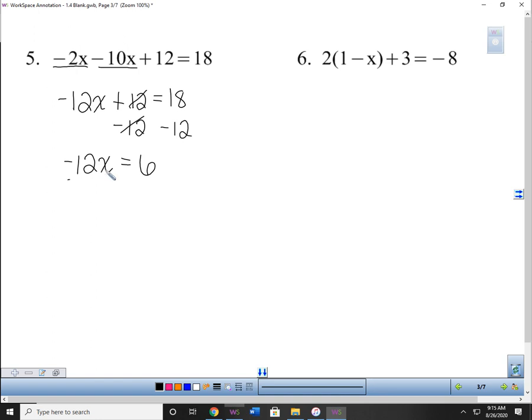Now I'll undo the multiplying by negative 12 by dividing by negative 12. I'm not changing the sign because I want the negative to go away as well. So negative 12 divided by negative 12 is 1, so that's just x equals 6 divided by negative 12 is negative 1/2.